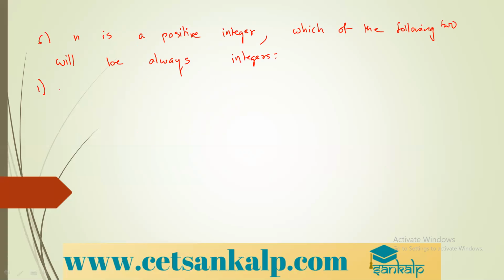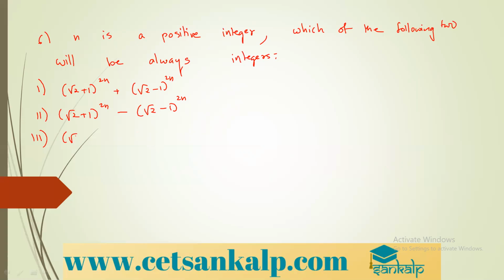First one, (root 2 plus 1) whole power 2n plus (root 2 minus 1) whole power 2n. Second one, (root 2 plus 1) whole power 2n minus (root 2 minus 1) whole power 2n.